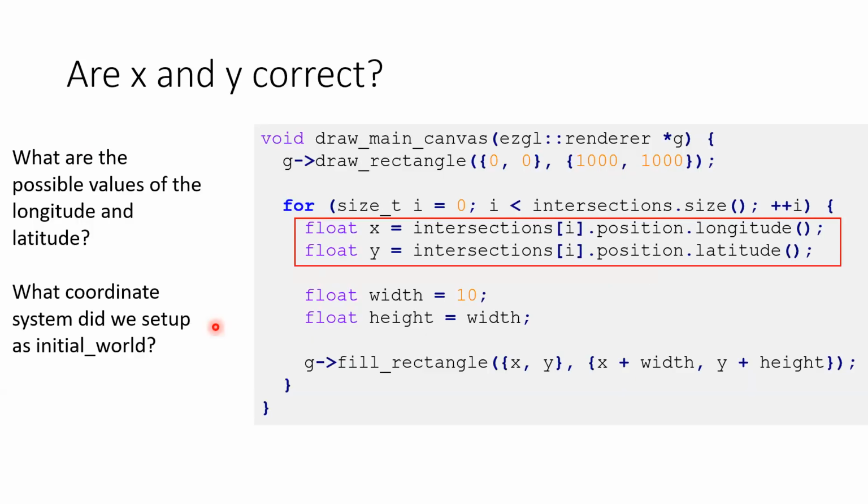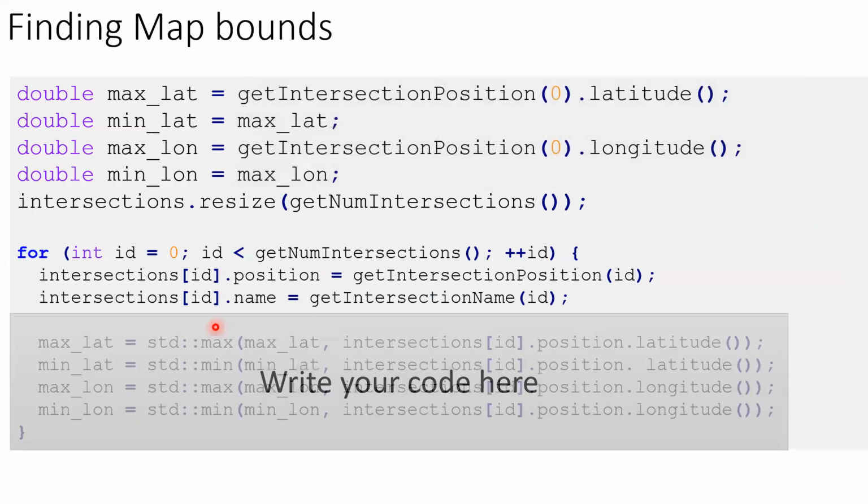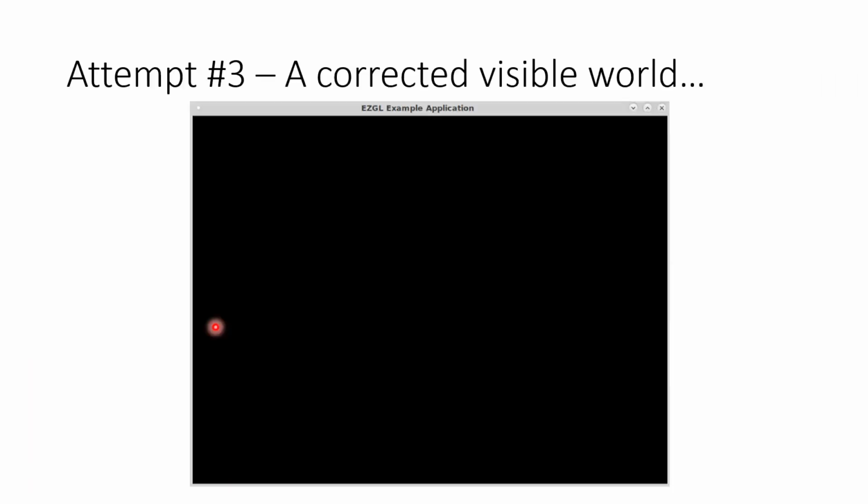So if you draw a 10 by 10 square, that will likely cover everything in your map if we're drawing with latitude and longitude.